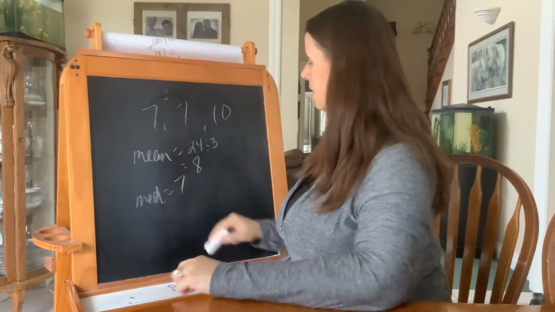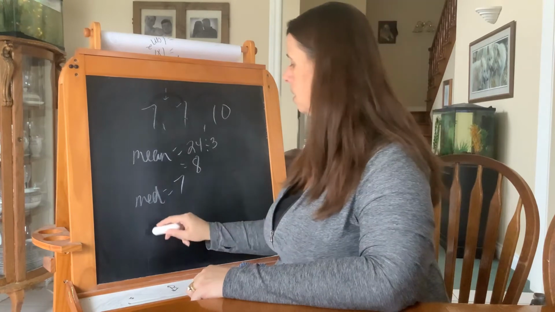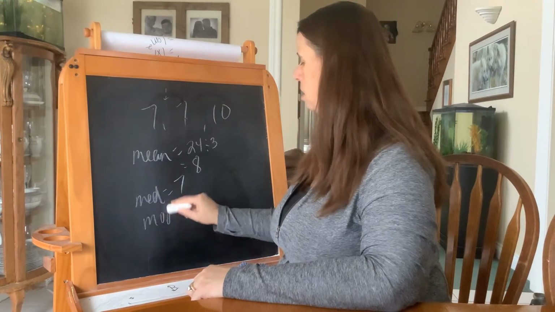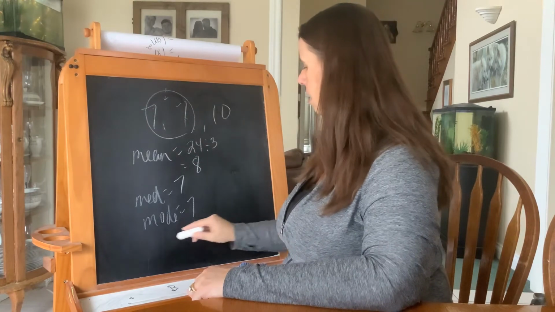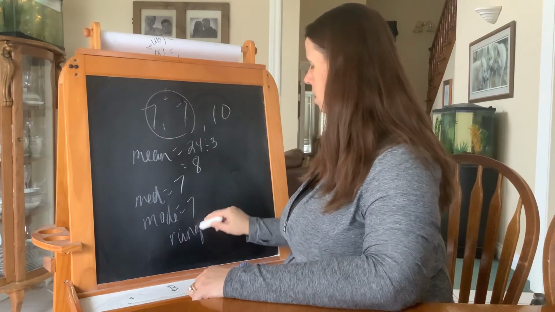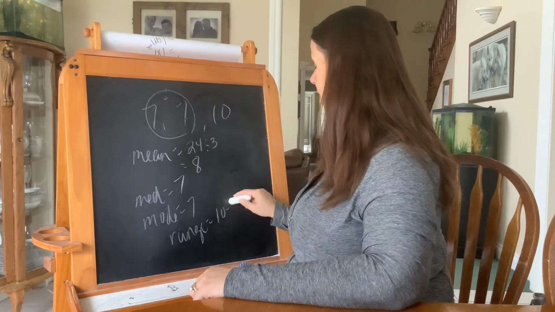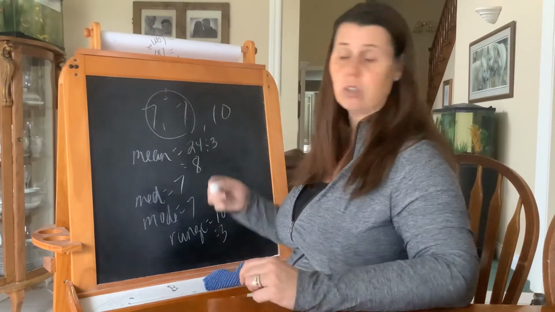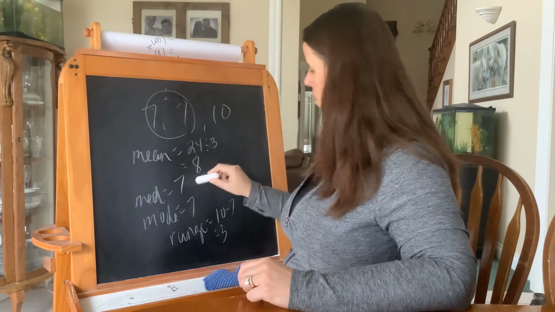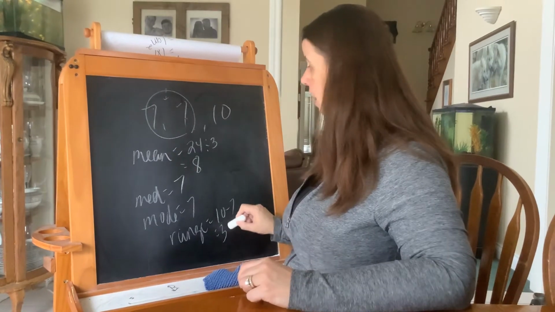My median is 7. It stays the same. My mode is still 7. It's the only one that's still repeated. My range is now 10 minus 7, which is 3, and the range in the first one was 0. So mean changed, median and mode did not, and range changed.